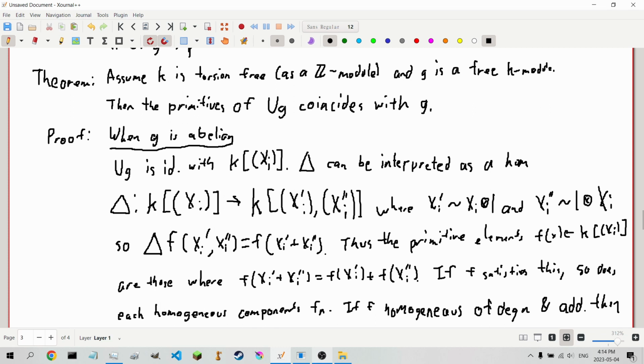All right, here is a theorem now. Assume that K is torsion free.